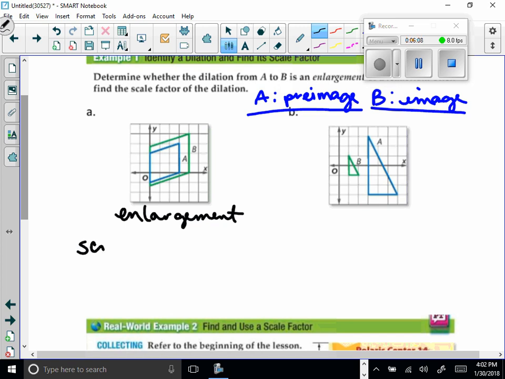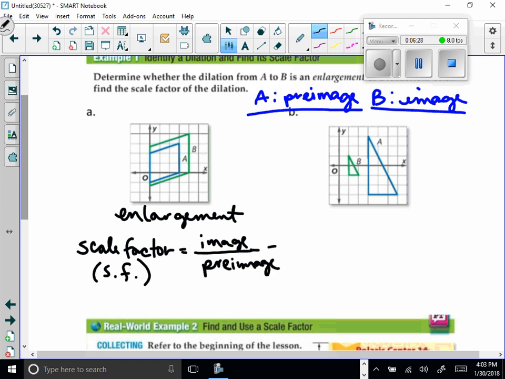Just to remind us, the scale factor, or SF, is corresponding sides of the image to the pre-image. The corresponding sides part is important.